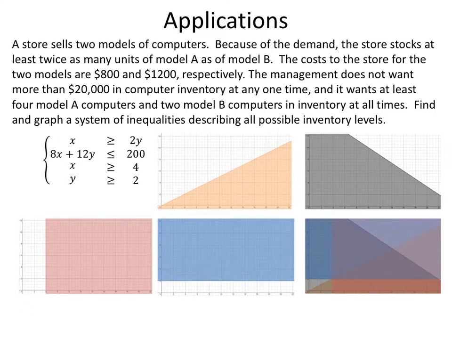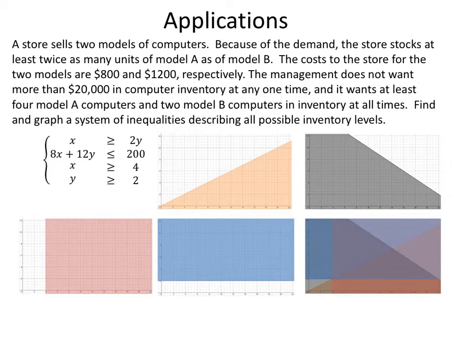The cost of the store for the 2 models are $800 and $1,200 respectively, so 8X plus 12Y is less than or equal to 200. And that 200 is because we've essentially taken 2 decimal places off of everything to make our figures easier. We've scaled that down a bit, which we all know is perfectly legitimate.